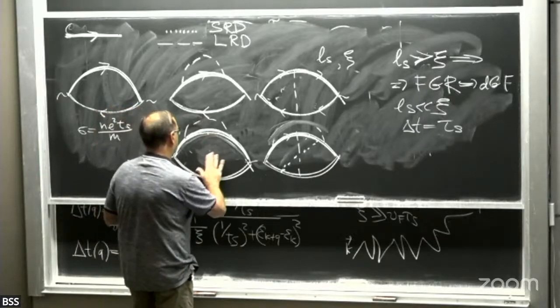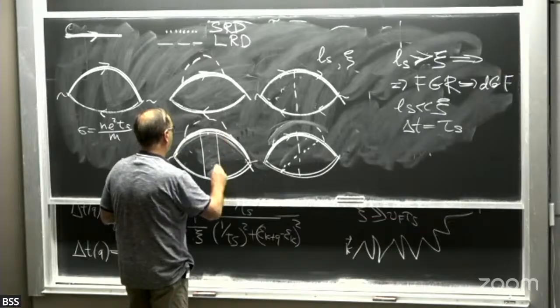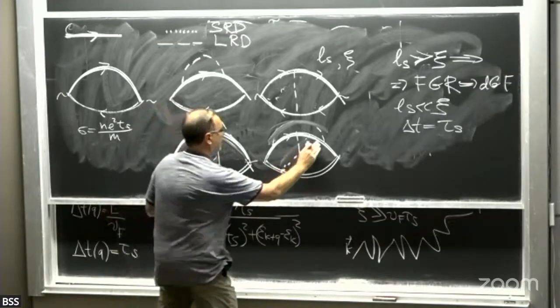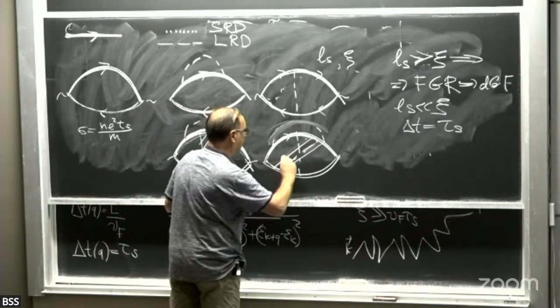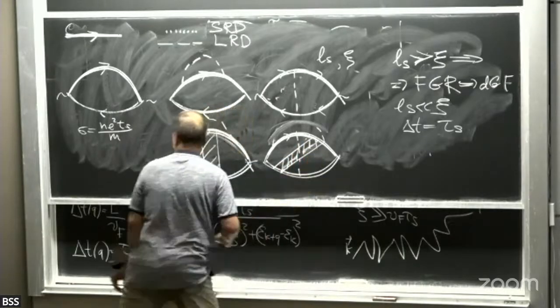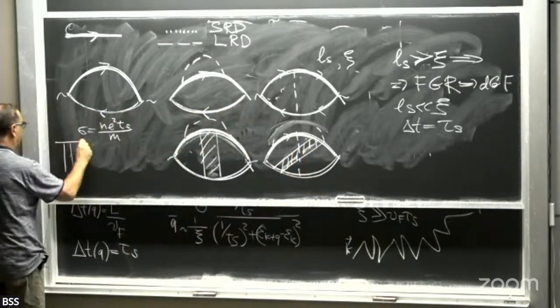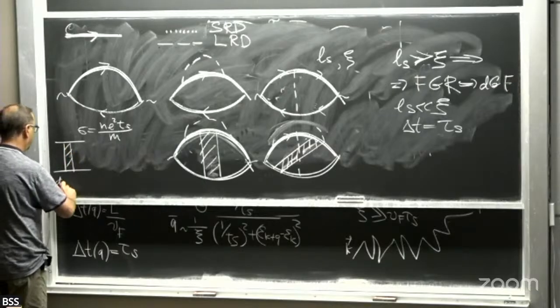And then what we add is a shaded box in two possible ways. And the shaded box has its own name. It's called the Diffuson.